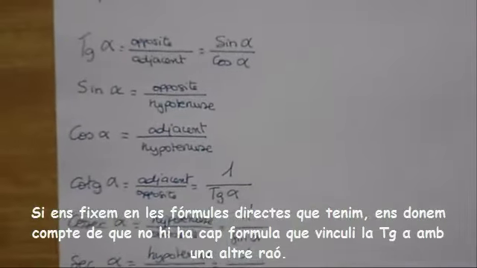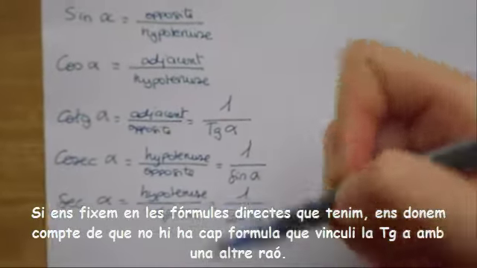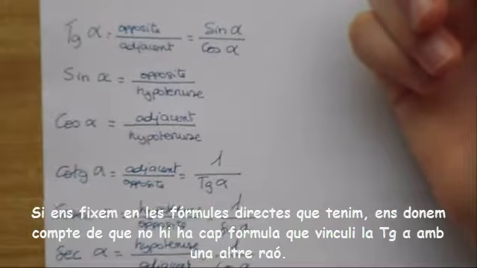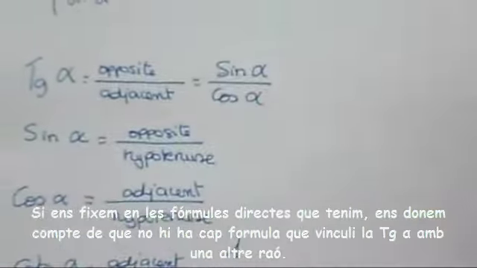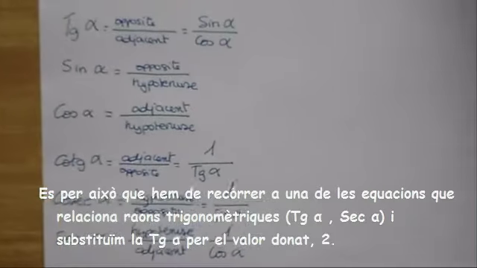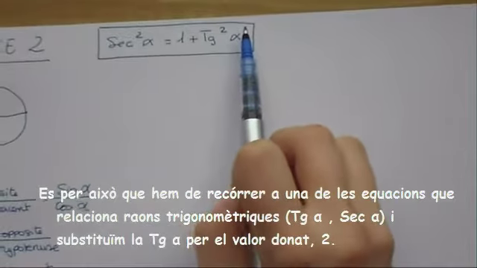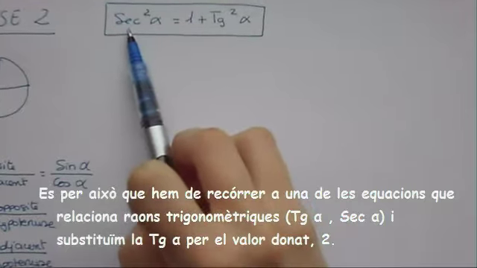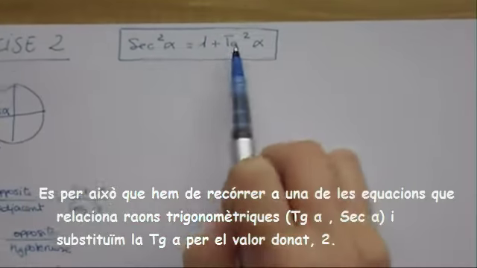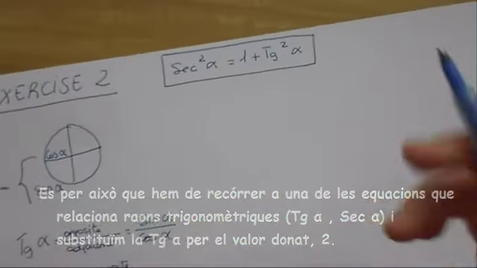If we pay attention to the direct formulas that we have written, we realize that there is no formula that ties the tangent alpha with another function. This is why we use one of the equations that ties the trigonometric functions, tangent and secant, and we replace the tangent alpha with the number that they have given us.